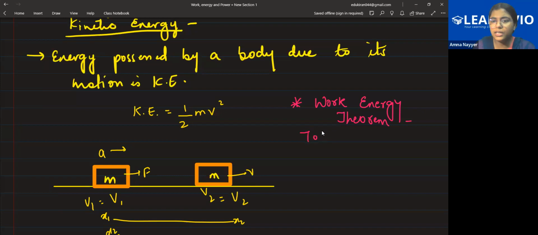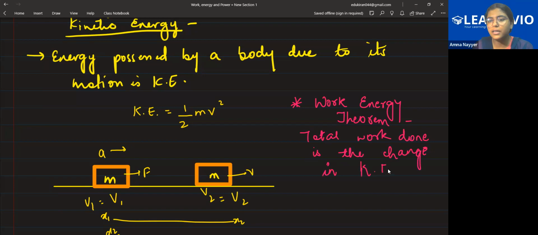So total work done is the change in kinetic energy. You can say work done is equal to the change in kinetic energy.